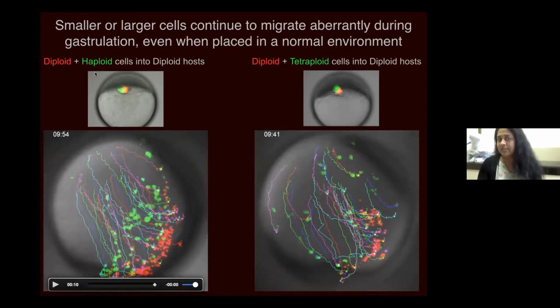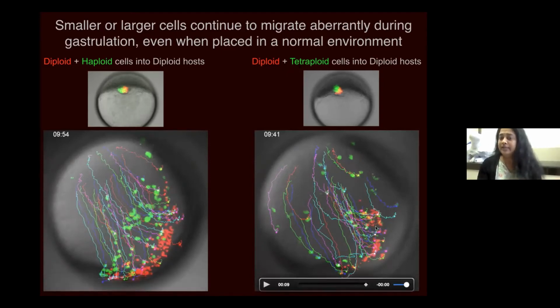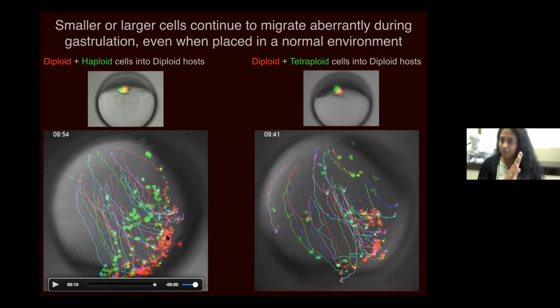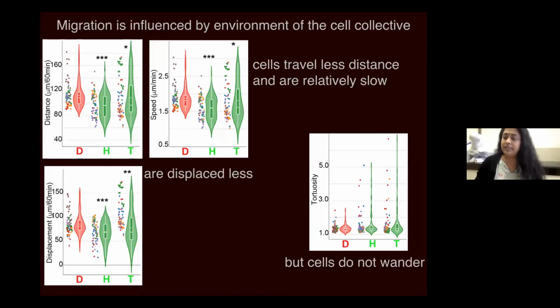The green cells are either the haploid condition or the tetraploid cells. And you will see that overall, the red cells do tend to migrate closer to the midline. So they are supposed to migrate on this side where my cursor is, whereas these green cells are always slightly away from the midline.